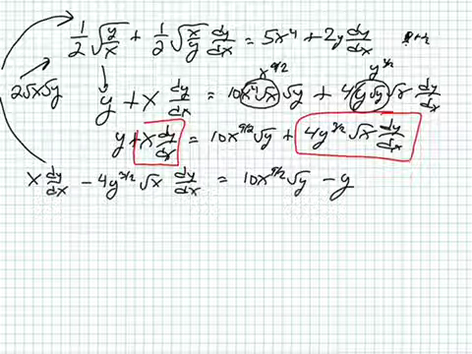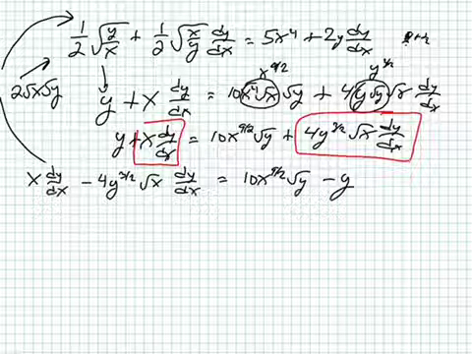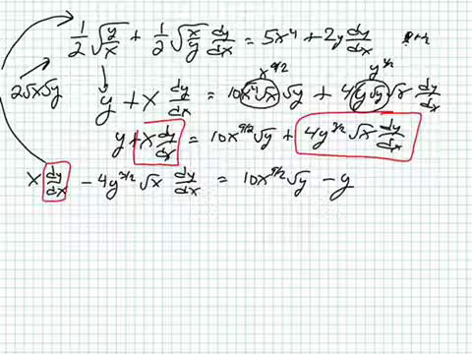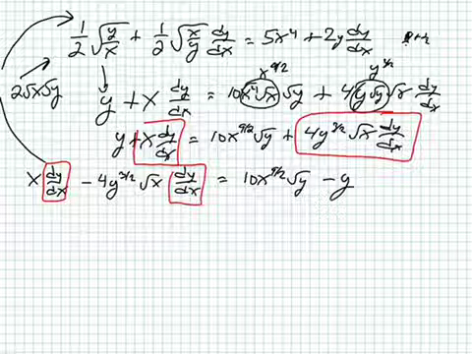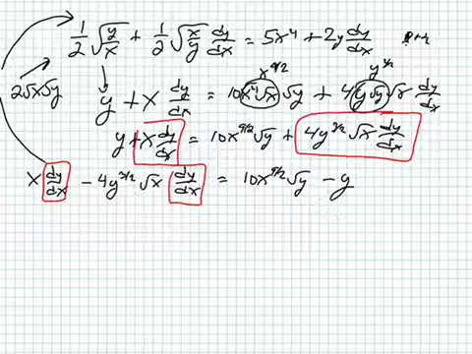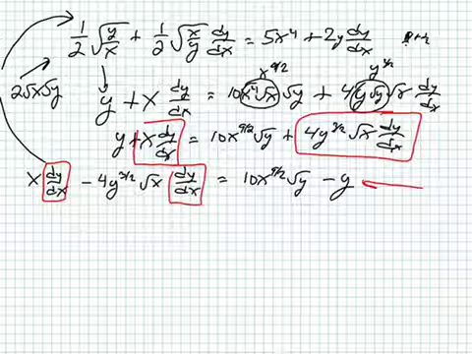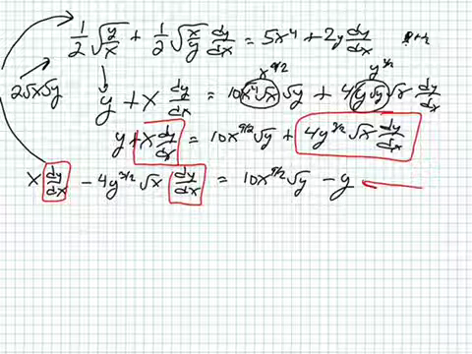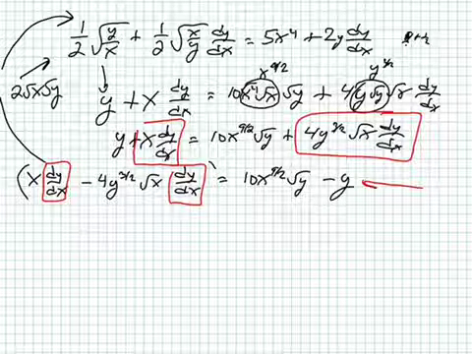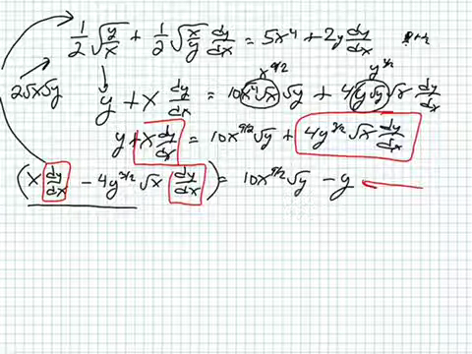All right, next I'm going to see what I can factor. So I can factor out a dy/dx here. I could factor out a square root of x, but I'm not going to, just because I don't want to make it more confusing than it is. And on the other side, I could factor out a square root of y, but I'm just going to leave it. So I'm going to factor out this dy/dx, and I'm just left with x minus 4y to the 3/2 square root of x.